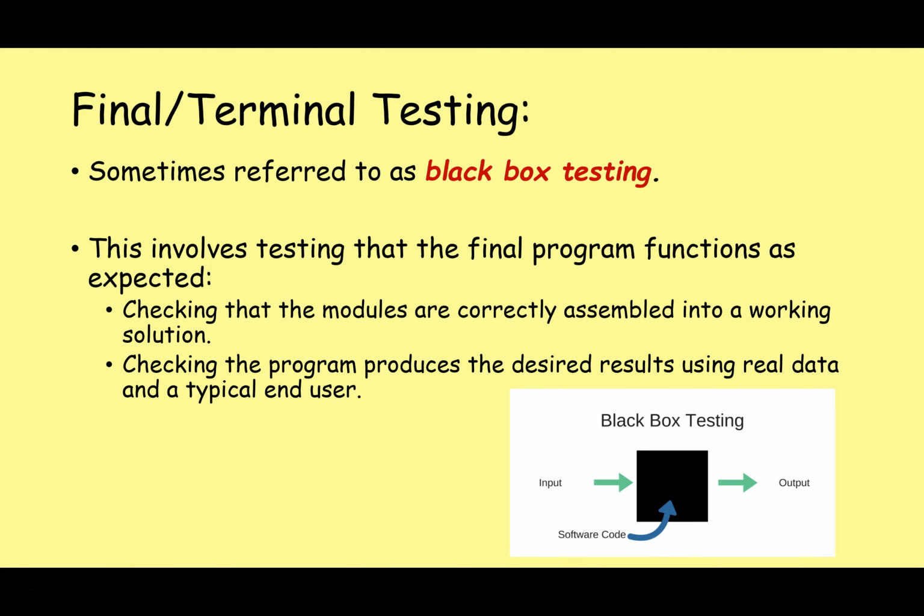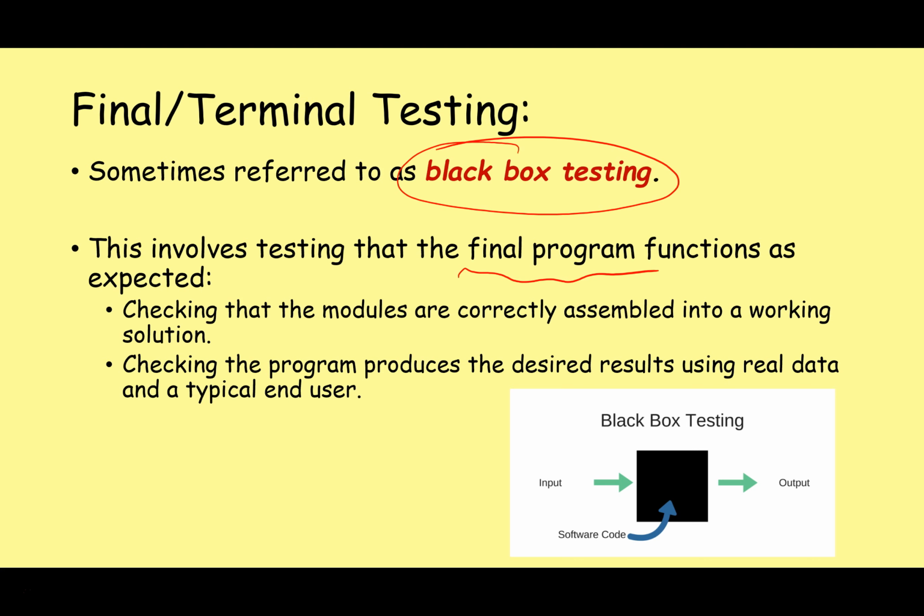Moving on, we're going to look at what we call final or terminal testing. This is a form of black box testing as opposed to iterative testing, which is a form of white box testing. Final testing involves testing that the final program functions as expected. It checks that the modules are all correctly assembled into a working solution, checks that the program produces the desired results using real data and a typical end user.